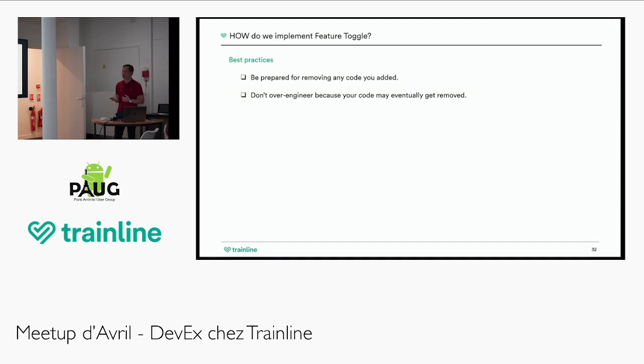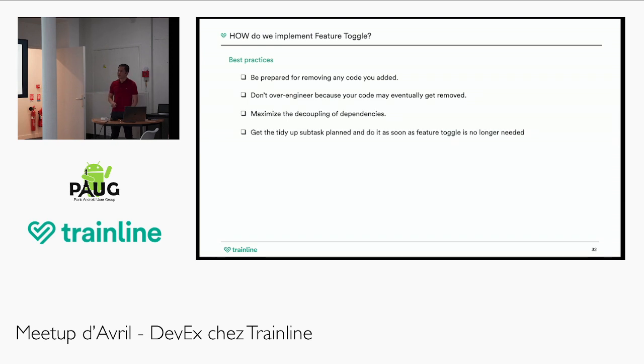Secondly, don't over-engineer during development, because your code may eventually get removed later. And maximize the decoupling of dependencies to facilitate the removal later. Unless you want to add more technical debt into the code base, get tidy-up subtasks planned even before starting development, and then do it as soon as the feature toggle is no longer needed.